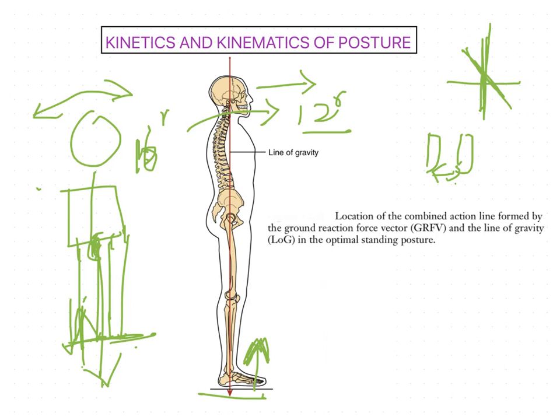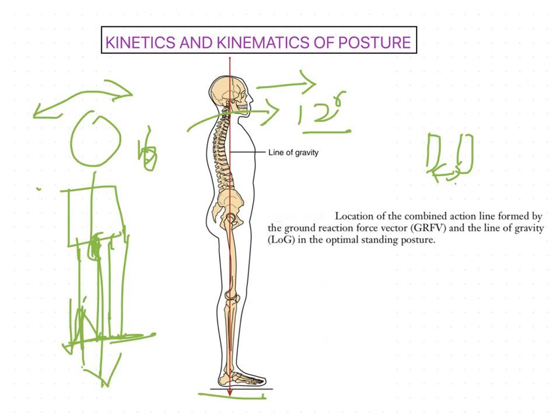So if both the forces fall in a straight line, that is called an ideal erect posture, and the body segments are aligned so that the torques and stresses on the body segments are minimized in this position, and standing can be maintained with a minimal amount of energy expenditure.